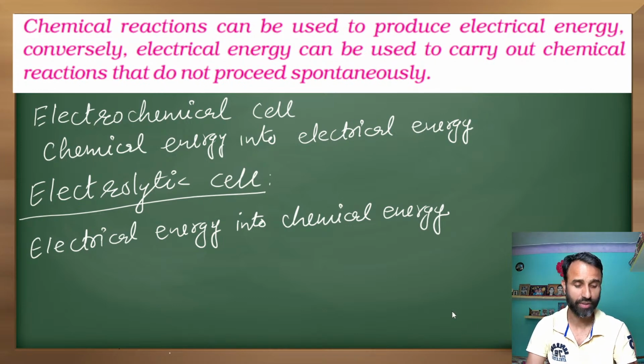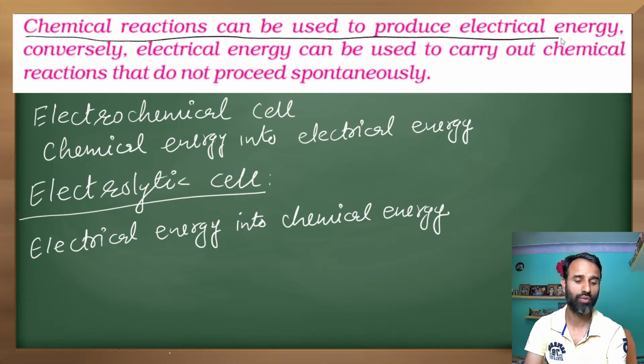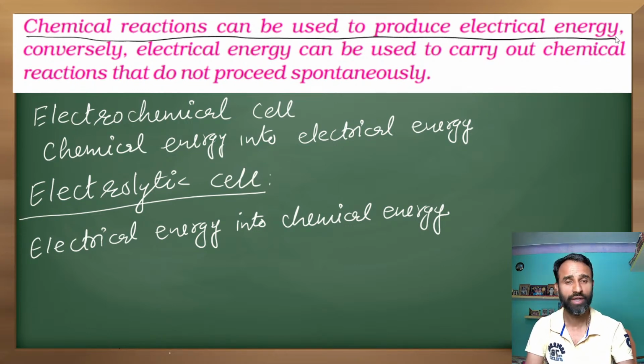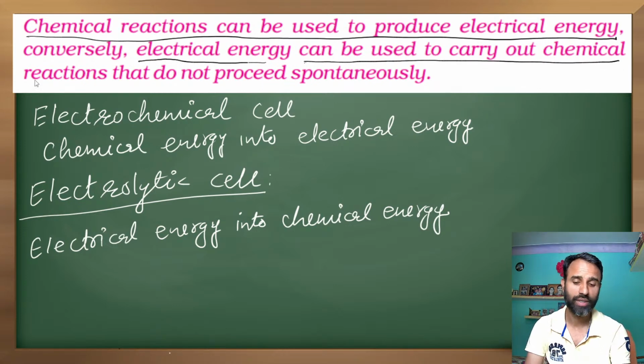Okay, chemical reactions can be used to produce electrical energy, and that is in electrochemical cells. And conversely, electrical energy can be used to carry out chemical reactions which do not proceed spontaneously.